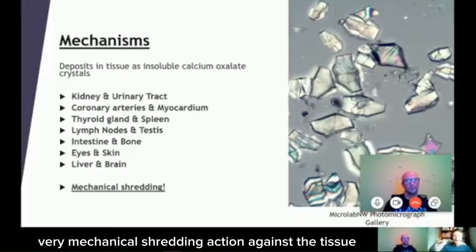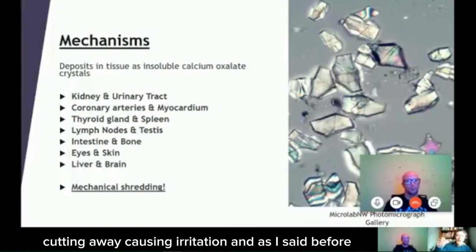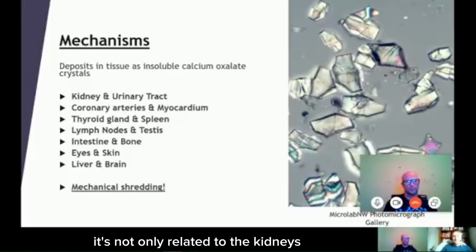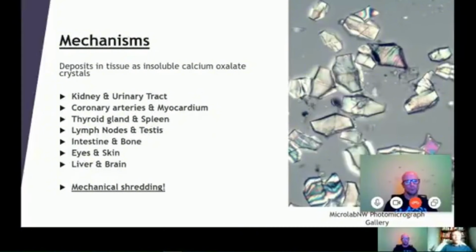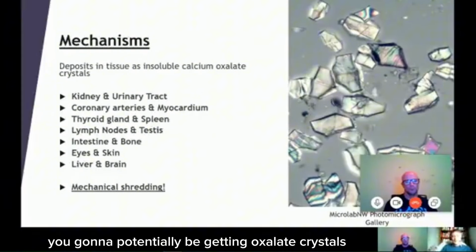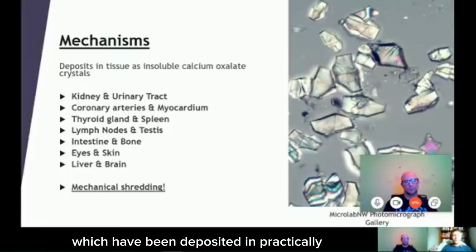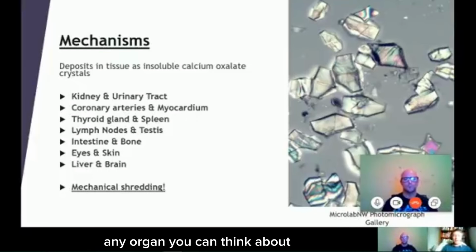A very mechanical shredding action against the tissue, cutting away, causing irritation. And as I said before, it's not only related to the kidneys and the urinary tract, but when you've got high circulating oxalate in the blood, you're potentially going to get oxalate crystals being deposited in practically any organ you can think about.